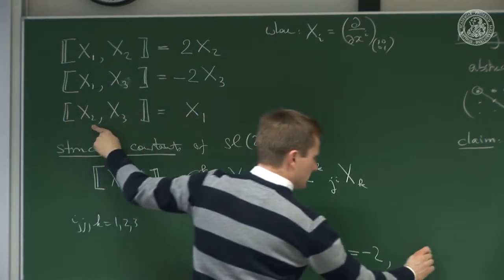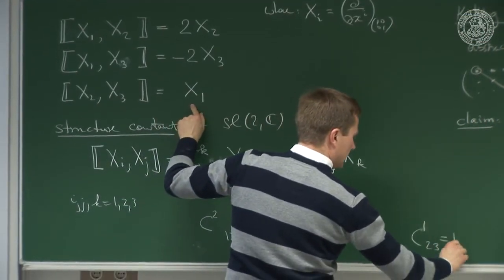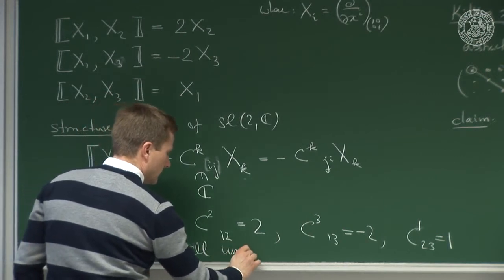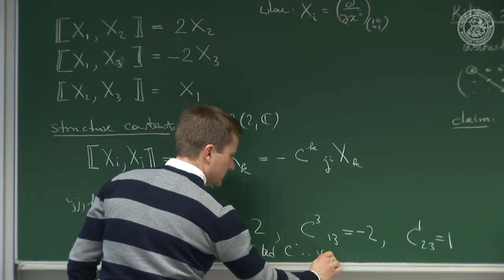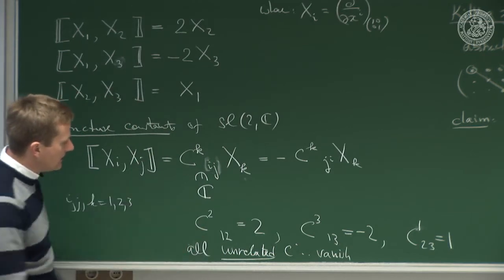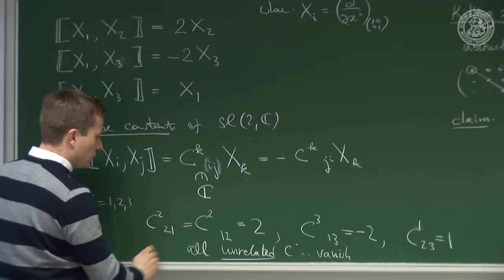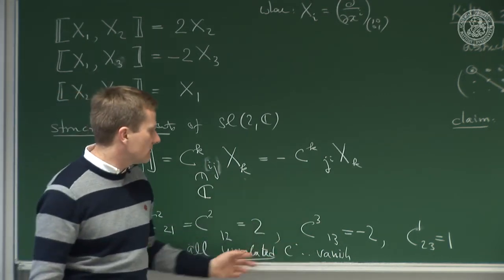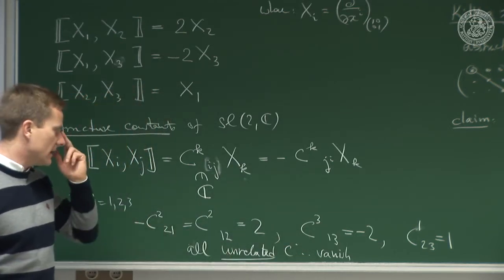And finally C2 3 only has the 1 component here, and that is 1. And all unrelated C's, all unrelated C dot dot dot vanish. Now what do we mean by unrelated? Well, you see, because of the antisymmetry, for instance, this is the same as C2 1 if you add a minus sign here. And the same here. So those, of course, are therefore not 0, but they're not unrelated. They're related. But all the others are 0.